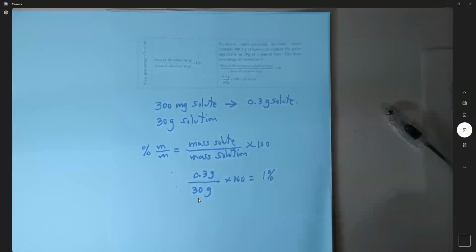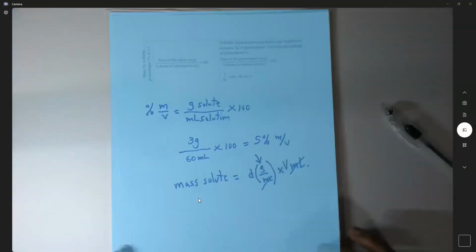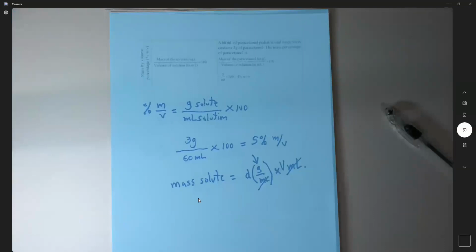Another example is this one. You want to express the percent concentration of paracetamol pediatric oral suspension that contains 3 grams of solute per 60 milliliters of solution.